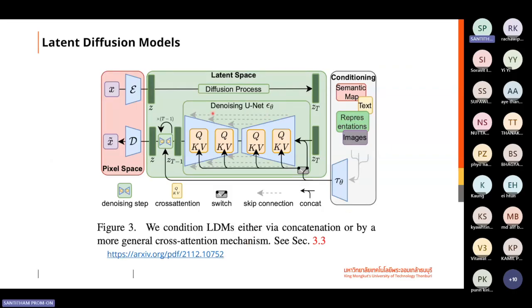So here's our condition. During training of the UNet, you also need to subject the UNet to the condition. That means you need to have annotation of the image and then add it to the UNet training.